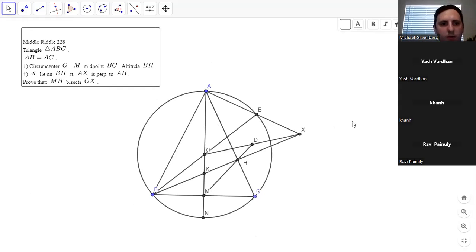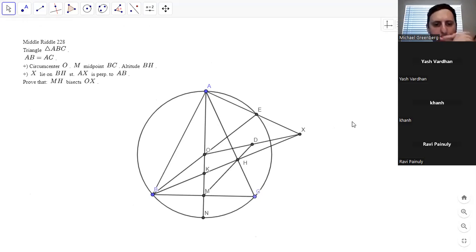So we will calculate the ratio DX over DO in terms of HK over HX and MK over MO.